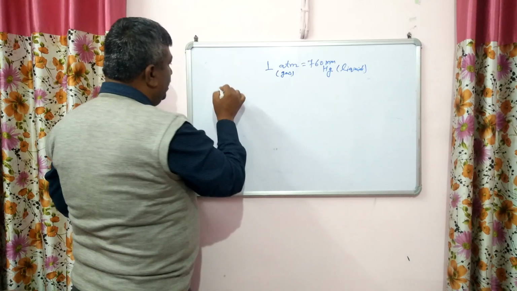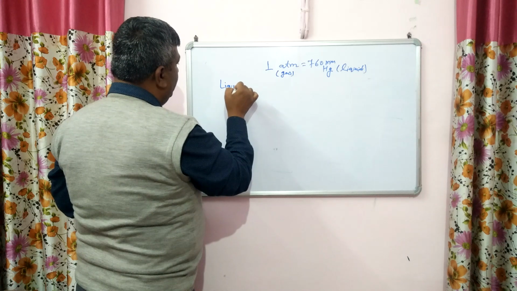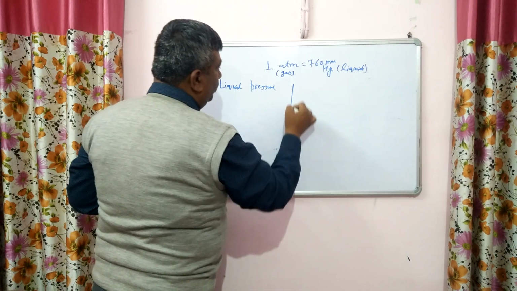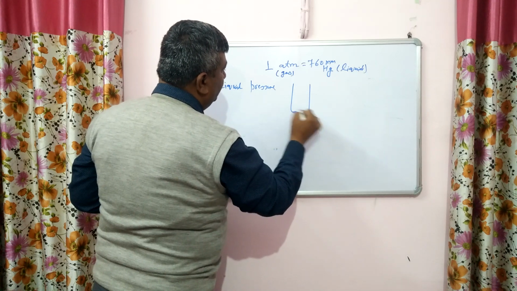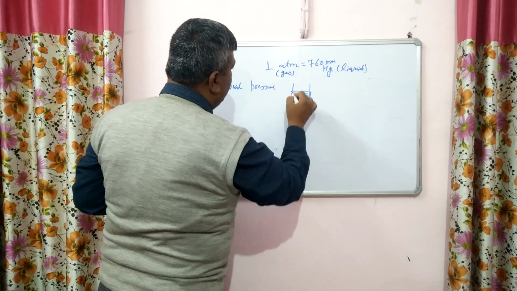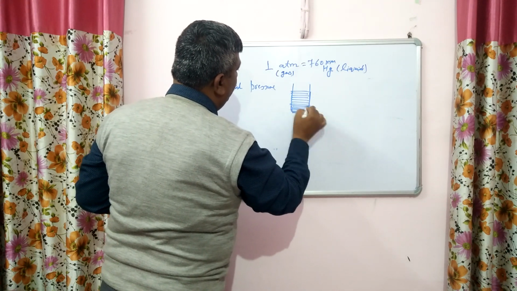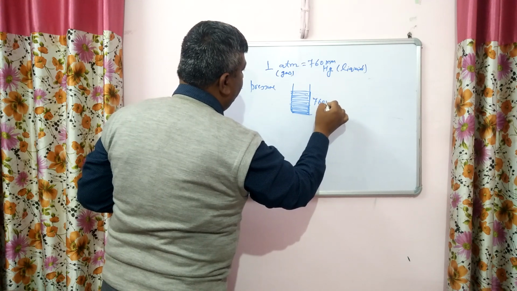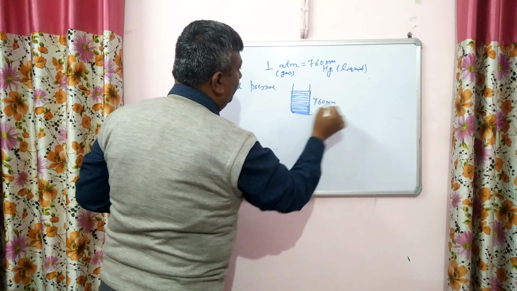So for a liquid pressure formula, okay, suppose it is a container and it is filled with mercury. We are taking the example of mercury, and mercury is 760 millimeter. It is filled with the mercury.